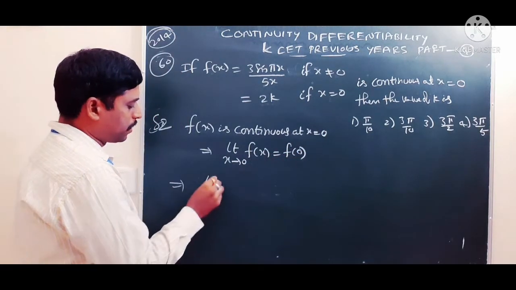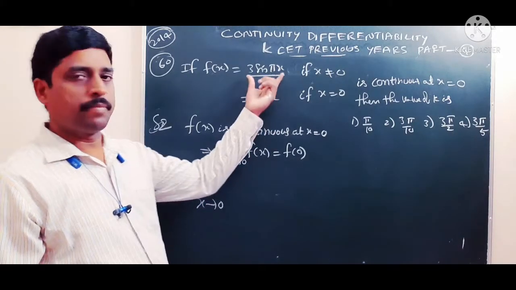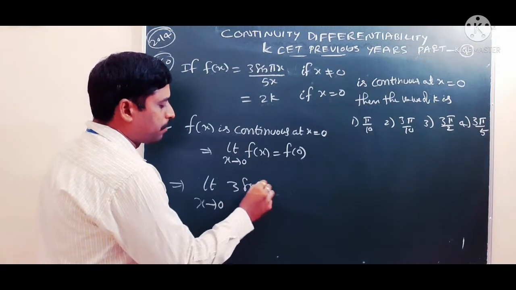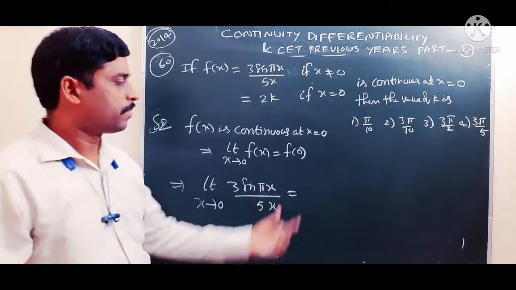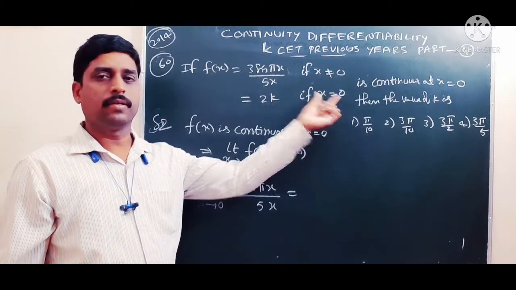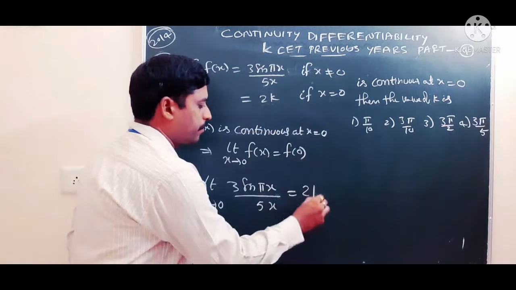So this will be limit x tends to 0, f of x value. From the statement, f of x value is given 3 sin pi x by 5x, this will be f of 0. So f of 0 value is 2k, given. If x is equal to 0, then f of x value is 2k. This is nothing but f of 0.